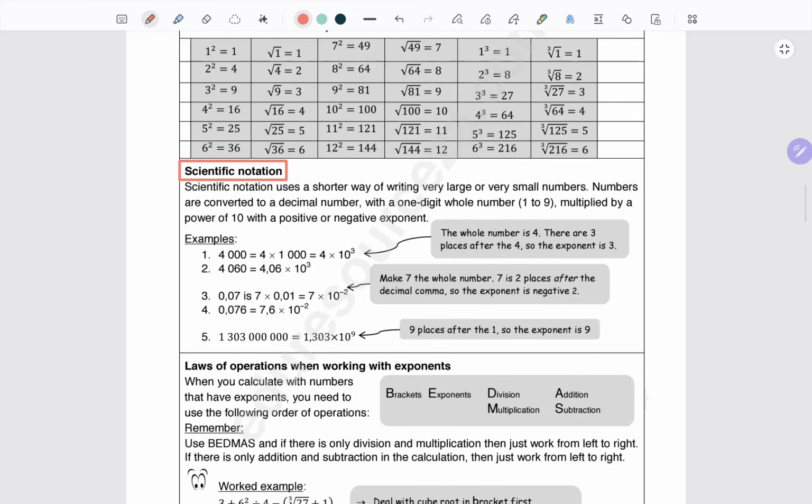We are doing maths, so please know how to write numbers in scientific notation. When the number is too large, for example, it's not easy to write it on a page. So scientific notation helps you to write a very large number in just a small section of a page.